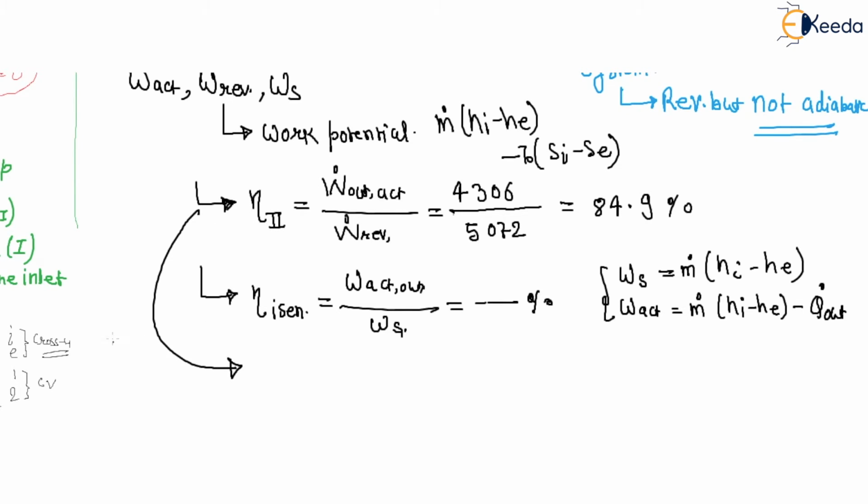So that means this is the second law efficiency. From the second law efficiency, you have seen that 15.1%, very important. That means 15.1% of the work potential is wasted during this process. Why do we call it work potential?